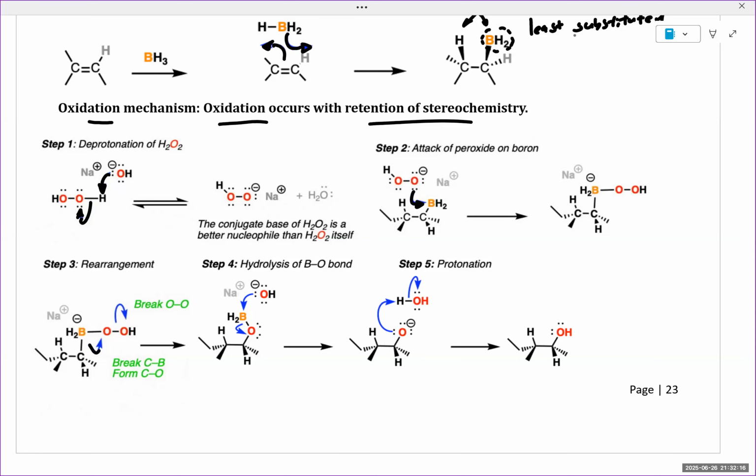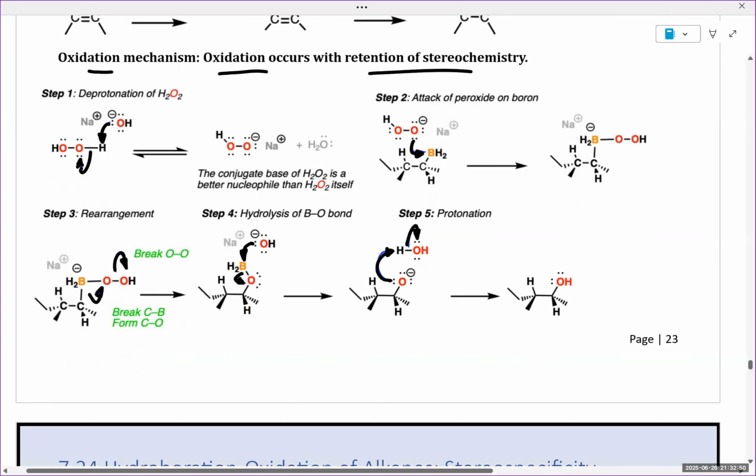From here, you have a rearrangement where the alkyl group shifts over and we break the oxygen-oxygen bond. Finally, we hydrolyze the boron-oxygen bond, yielding an alkoxide ion, which is then protonated to yield our final alcohol. Net hydroboration oxidation installs a hydrogen and alcohol with syn stereochemistry, and the alcohol is placed with anti-Markovnikov regiochemistry on the least substituted position.